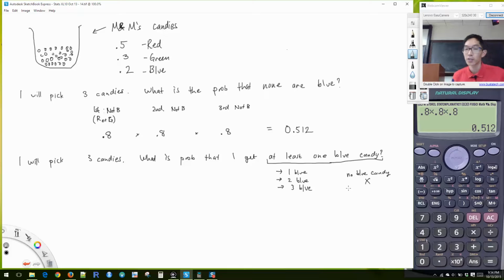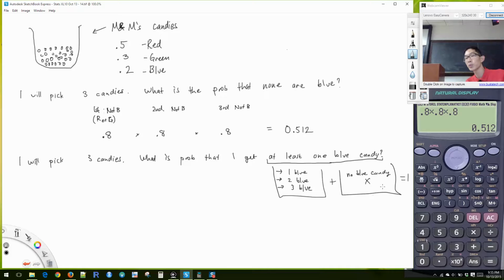So when I say at least 1 blue candy, I know that everything over here has to add up to 1, which means if I can figure out the probability of no blue candies, then this plus this has to add up to 1. If I figure out this piece, then I have this thing.